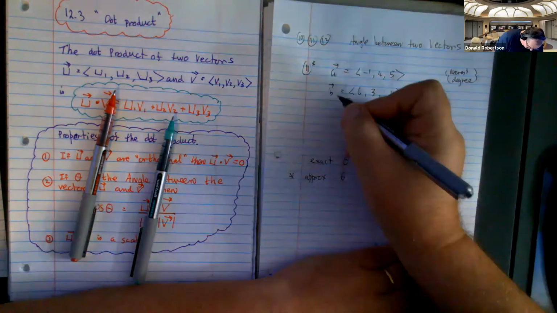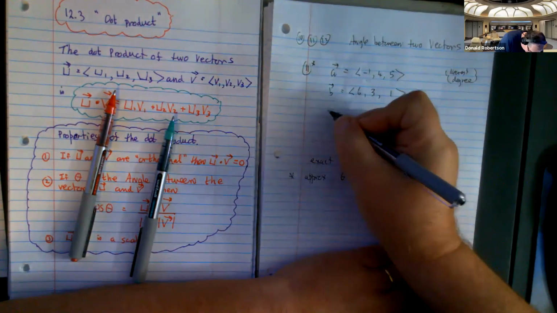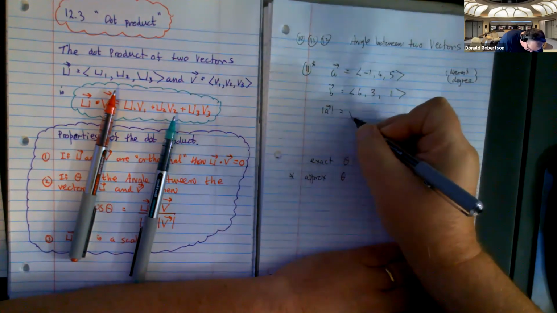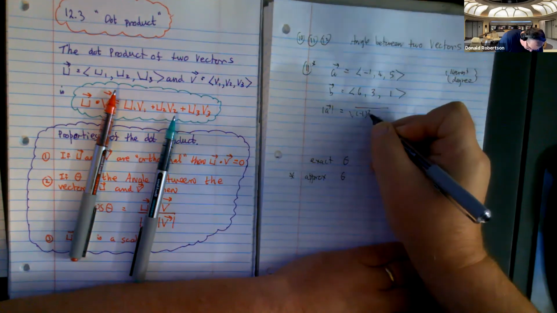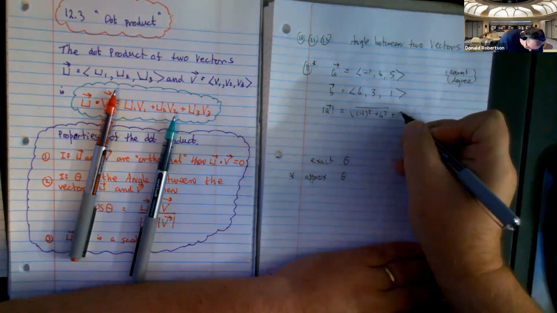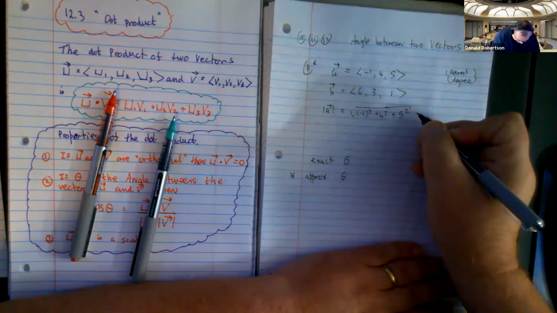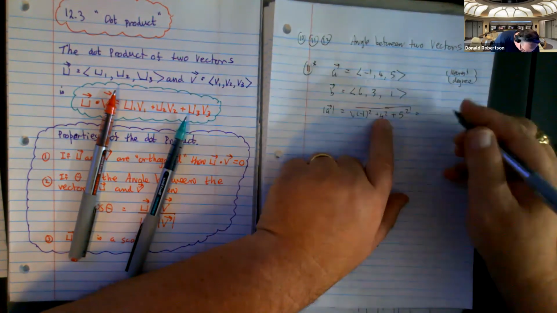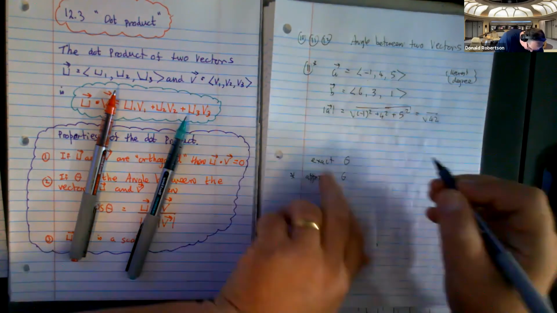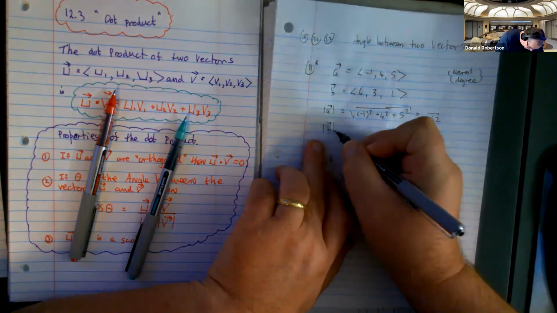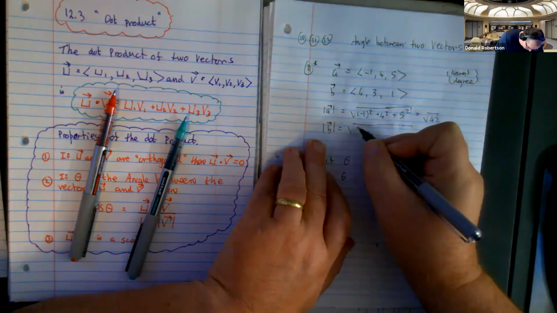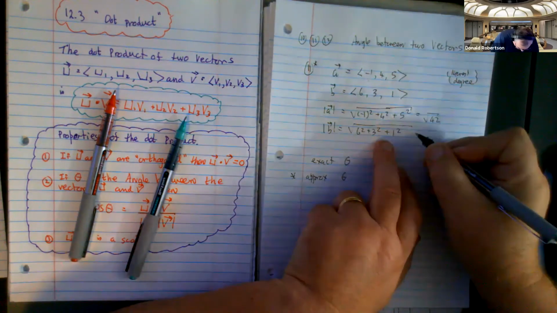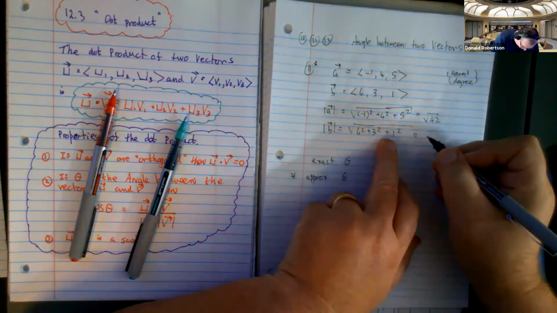If I want to find the angle between them, I find the magnitude of the vectors first. This one is going to be -1 squared plus 4 squared plus 5 squared, which is 42, so the square root of 42. This one is going to be the square root of 6 squared, 3 squared, and 1 squared, which is 36, 46.